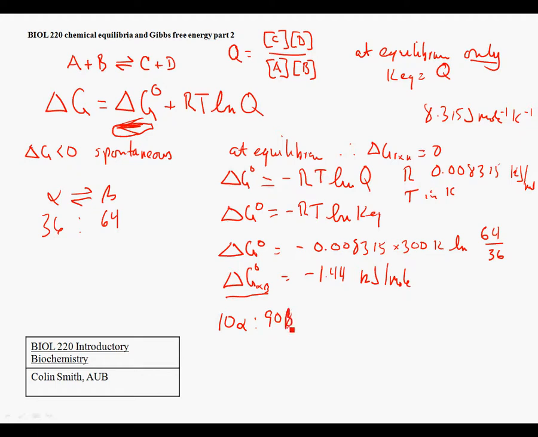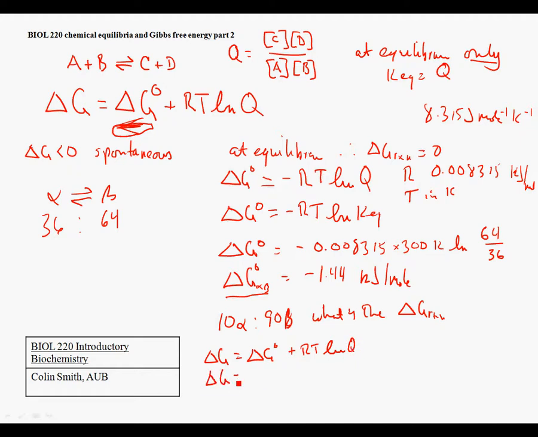What is the value of delta G? Will that be positive or negative? Which way will it go? So we can do that. We can calculate that delta G to be equal to the value at standard conditions plus RT ln Q.